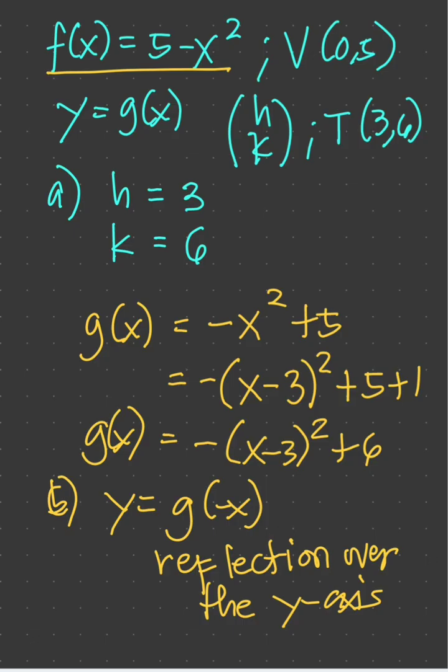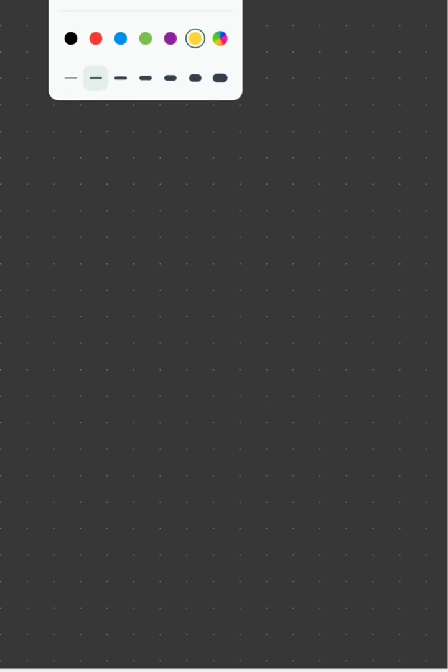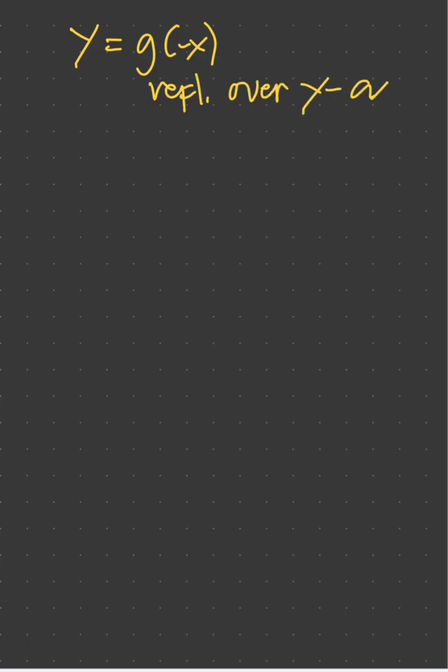So that means we flip our original graph. Let me check the graph. Can you go to the next page? Okay, so y equals g of negative x, that means reflection over the y-axis.